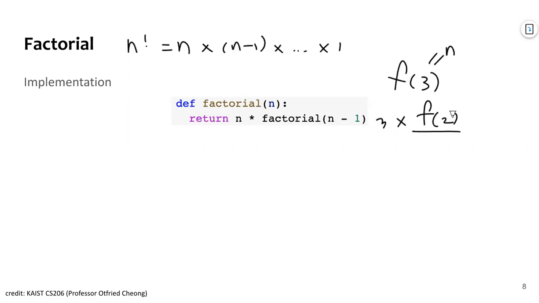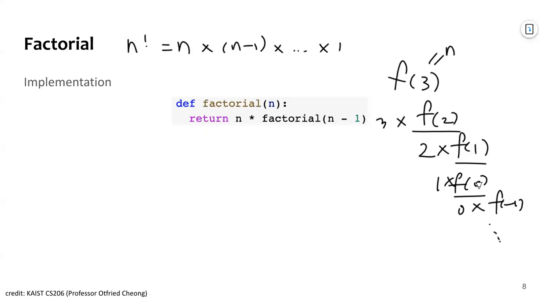And when we call f2, it will return 2 times f of 2 minus 1, that is 1. And f1 is going to be 1 times f0. And f0 becomes 0 times f of minus 1. And it goes on and on. So it does not stop because there is no base case. So you guys are getting this right.